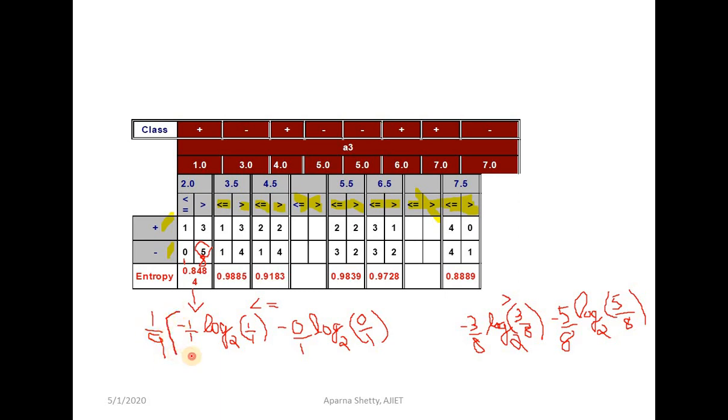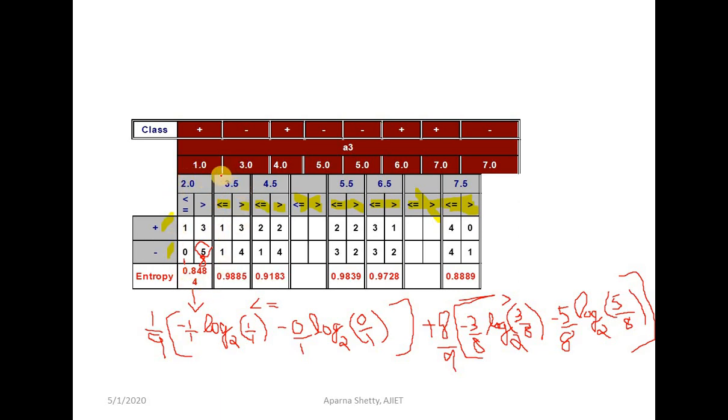So 1 by 9 plus, the number of records for split point greater than 2 is 8, and the total number of records in the given data set is 9, correct? So it is 8 by 9. This is how we have to calculate the entropy for each split point. I have just calculated for the first split point 2.